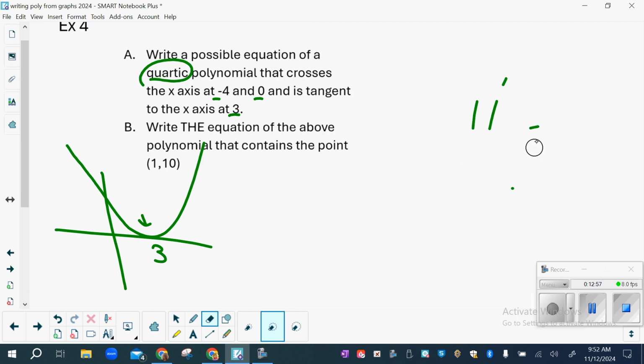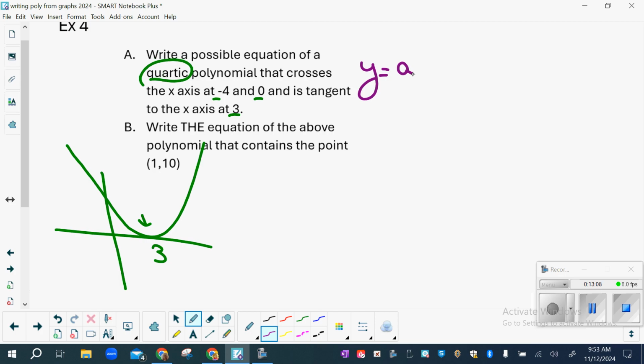Okay, so I always start with my possibility, right? So here we go. My possibilities. Y equals, got the A. Remember, I have to have 4 X's showing up. So Kathy and I were talking that 0 could be X plus 0 or just X. I always forget him. And we're going to have X plus 4, it goes in opposite. And then X minus 3.